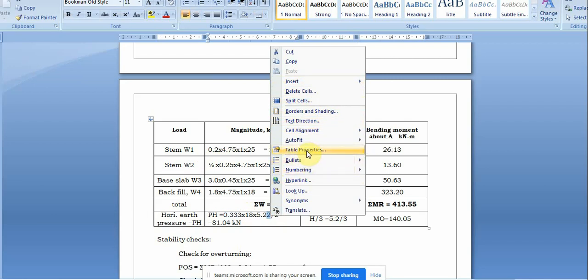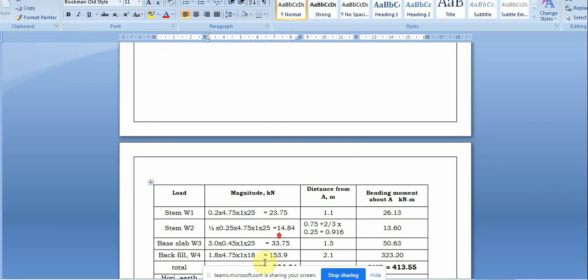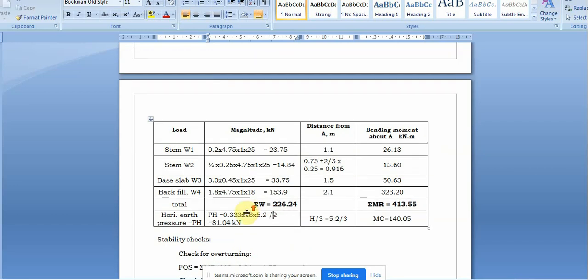So pH is Ka into W into H square by 2, that we got 81 as the horizontal pressure, into the lever arm H by 3, that is 5.2 divided by 3.